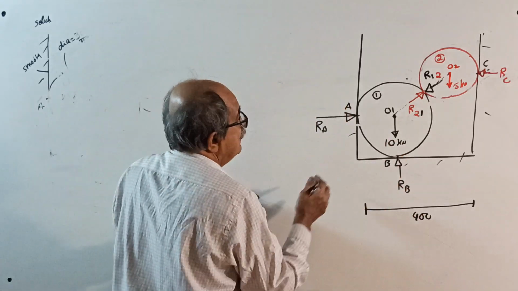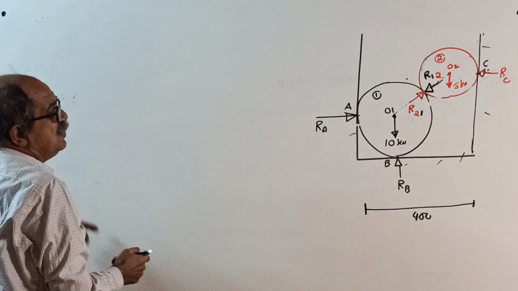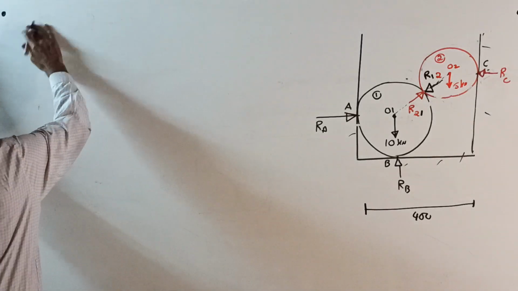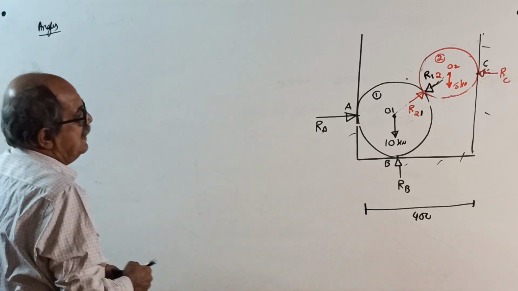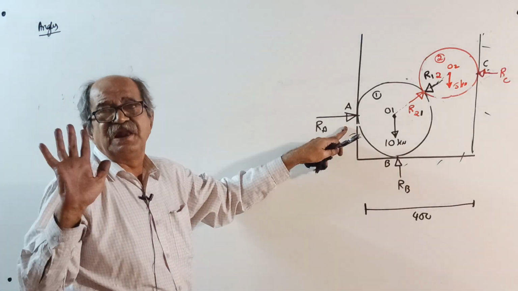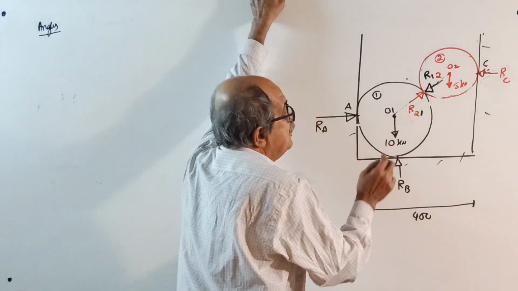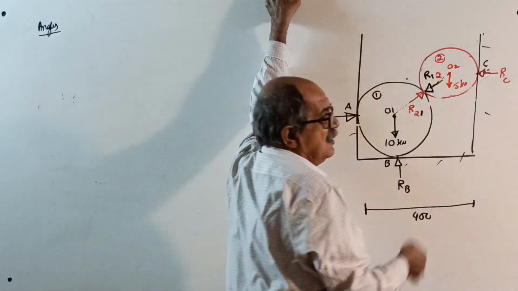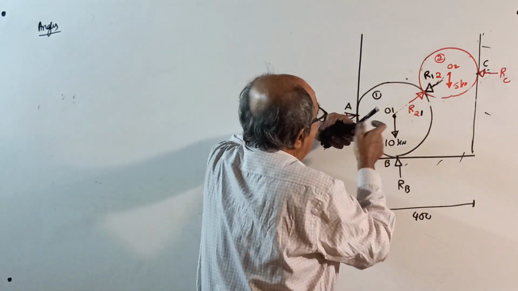Now, see, O1, O2. What do you require? You require angles. See correctly. RA, crystal clear, horizontal. RB, vertical. RC, horizontal. No confusion. But 10 and 6 kilonewton are vertical.